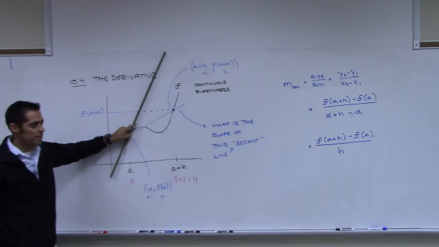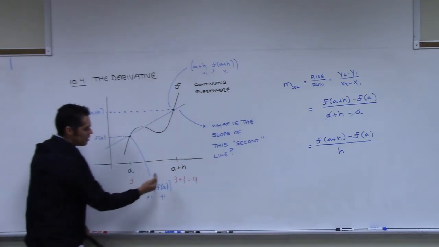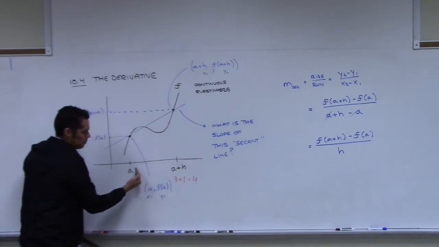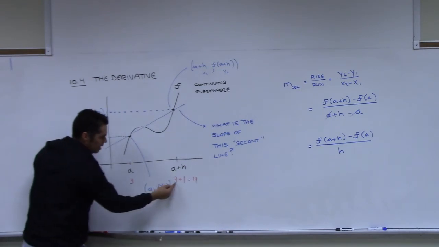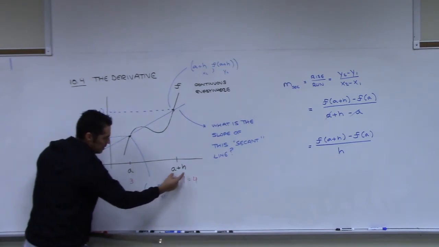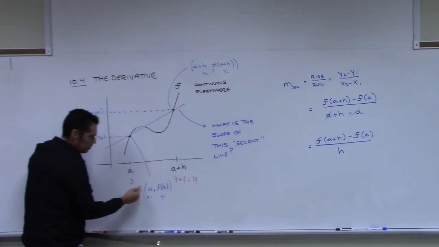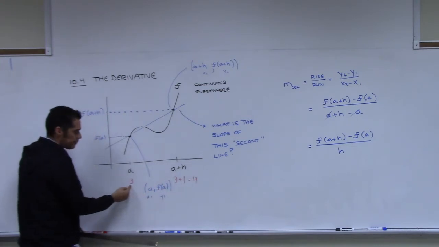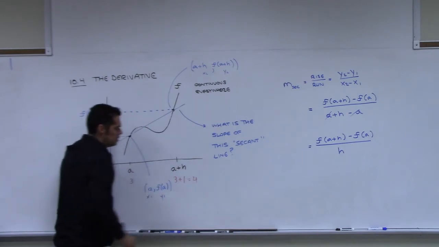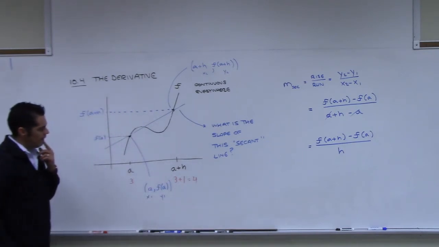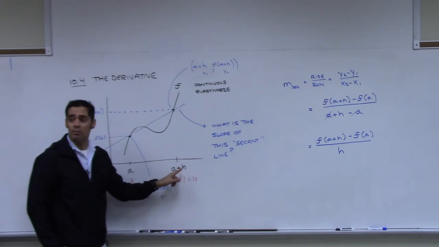Understand? Tell me how I can slide this point over. What do I need to do to slide this point over? Look at it in terms of the 3 here. What could I do to make this point right here get closer to 3? I could just make h smaller, right?